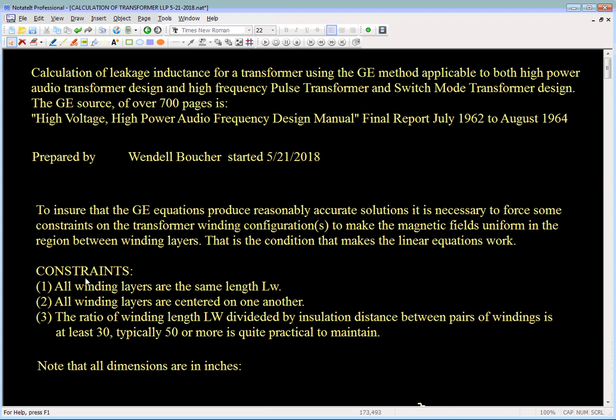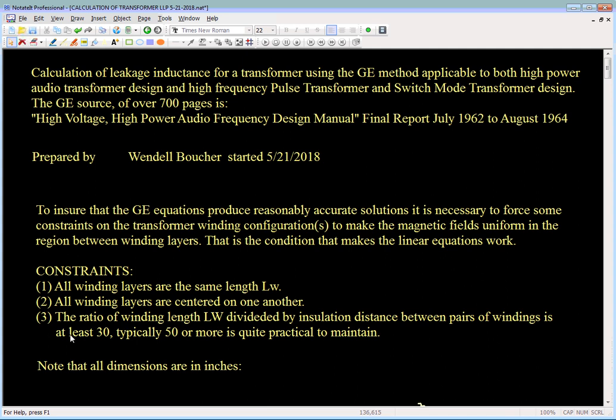Here are the constraints. Number one, all winding layers are the same length, called LW, L sub W, sometimes called traverse, but I prefer this label. Number two, all winding layers are centered upon one another.